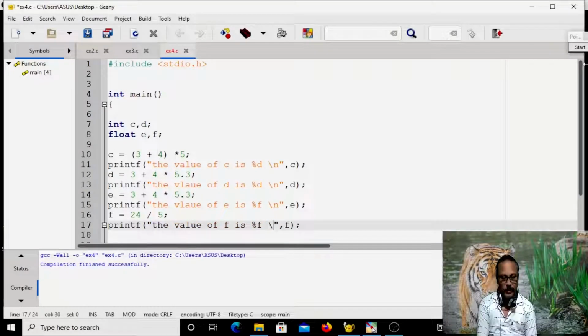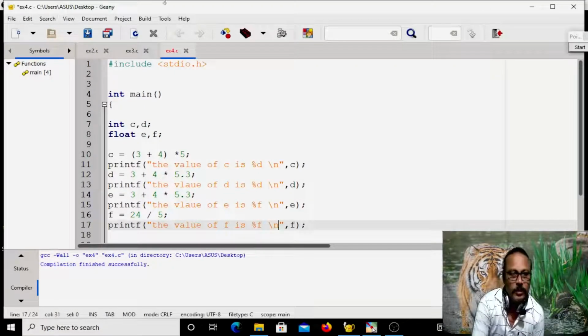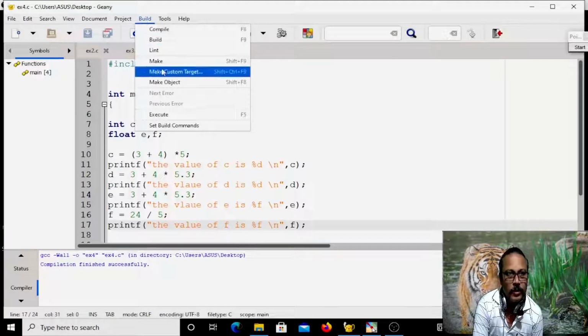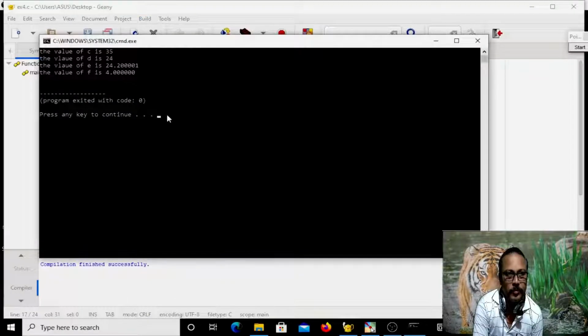Is that a surprise? 24 by 5, what is it? So it is 4 only. The value of F is 4 only.